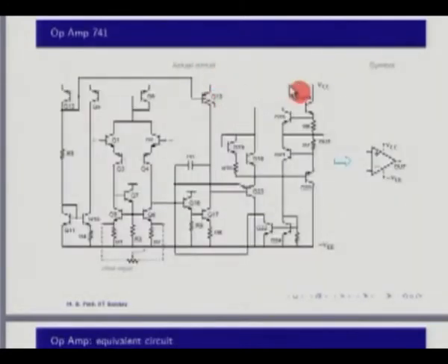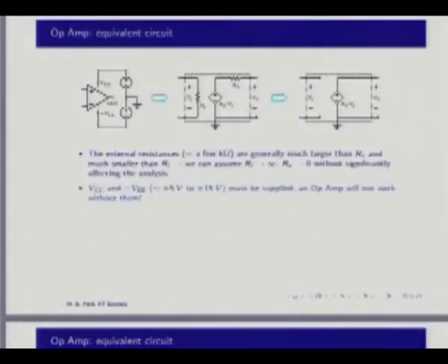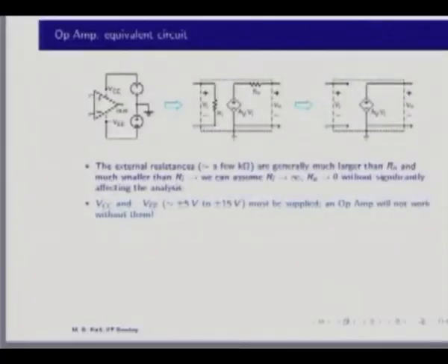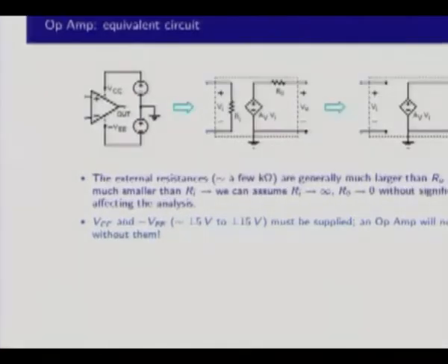If you don't supply VCC and VEE, obviously none of these transistors will get any bias, and things will simply not work. So that's why I'm saying this specifically, because there are students in the lab who don't connect these supplies and ask the instructor what is wrong and debug their circuit. It happens very often. Or they don't connect ground. Right? That is also.